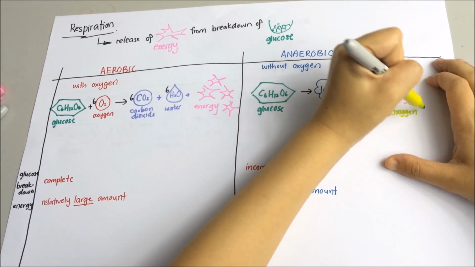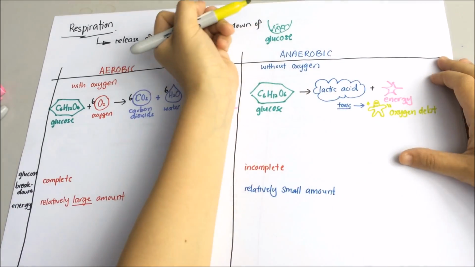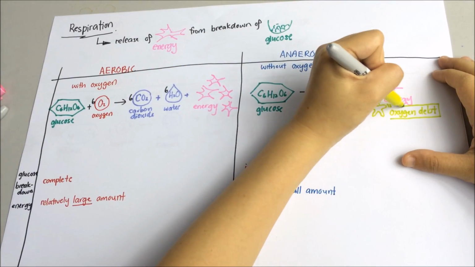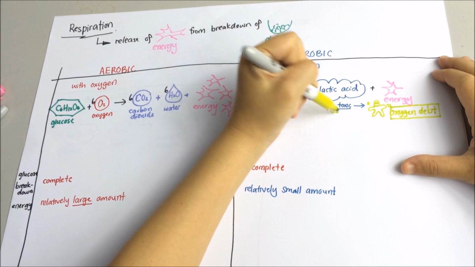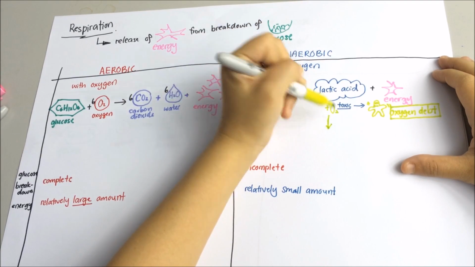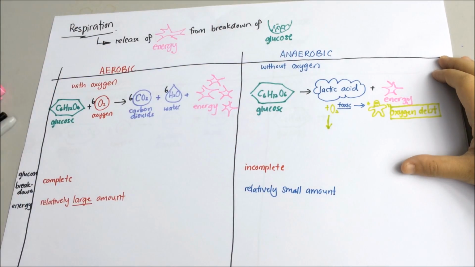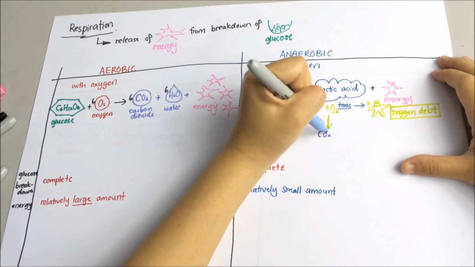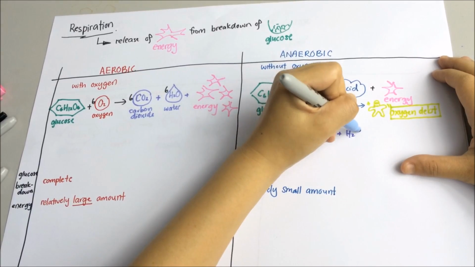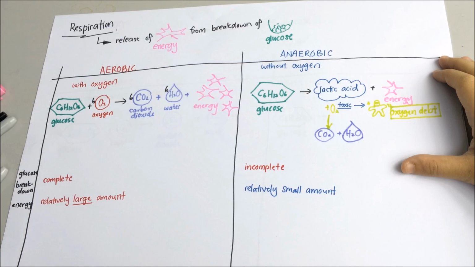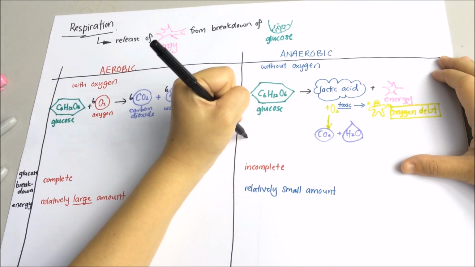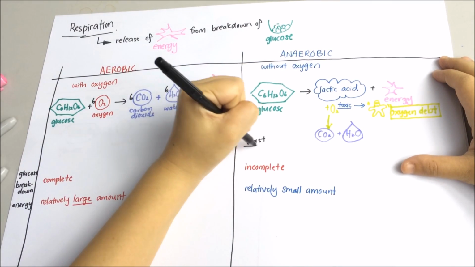And this process will require oxygen. And this is called oxygen debt, which means oxygen that needs to be repaid after the exercise stops. That's why we keep on breathing deeply for a few minutes after we have finished exercising. When the lactic acid is completely oxidized, we can say that the oxygen debt is paid off.